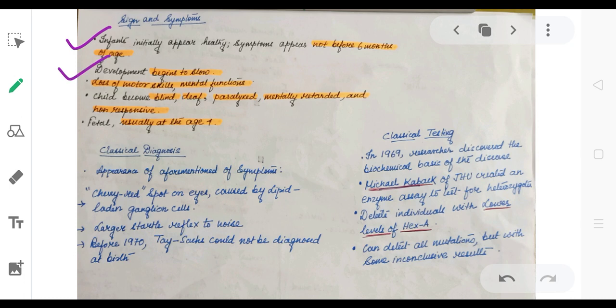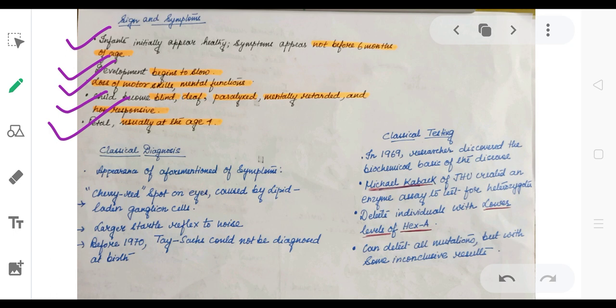Development begins to slow down. Loss of motor skills and mental function occurs. Unfortunately, the child becomes blind, deaf, paralyzed, mentally impaired and non-responsive, and it becomes fatal at the age of 4. So these are the basic symptoms.